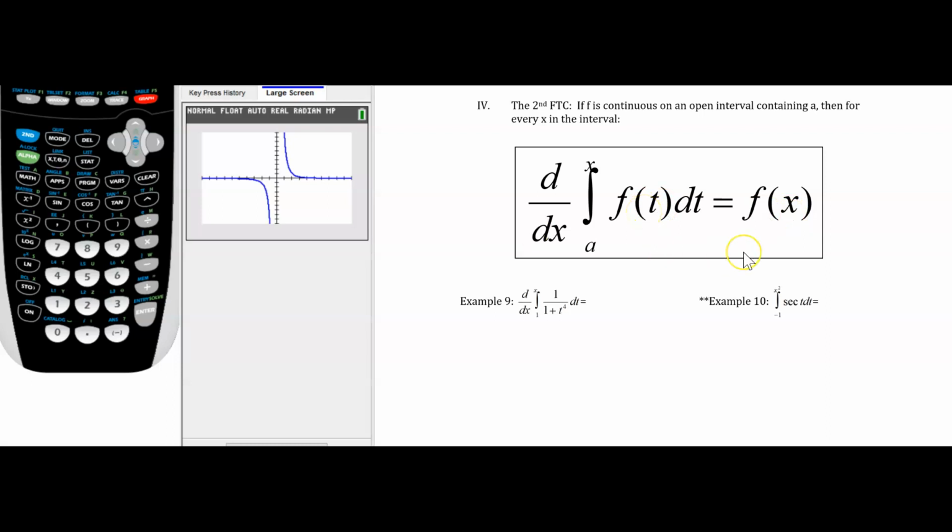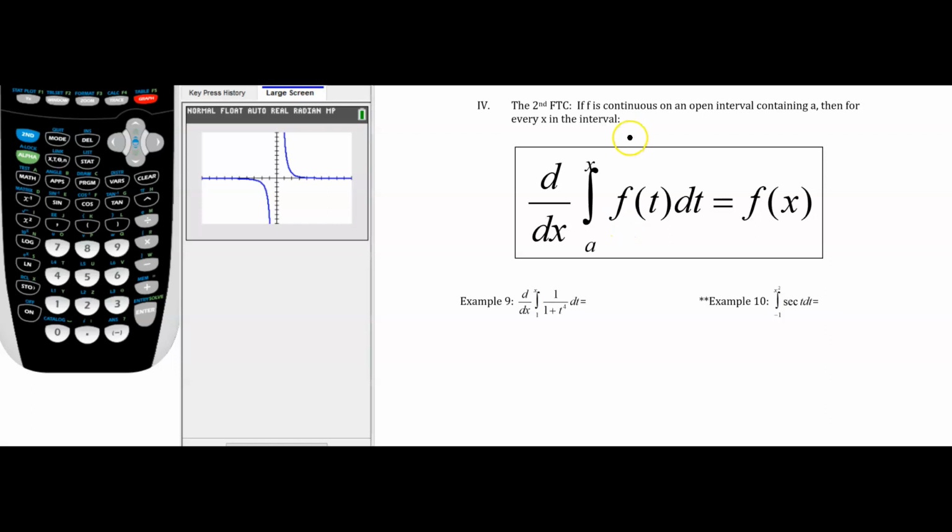And we can actually see this based upon what we've just been doing so far with the first fundamental theorem of calculus. You could think for a second, let's evaluate this definite integral in a theoretical sense. The antiderivative of little f would be capital F of t.